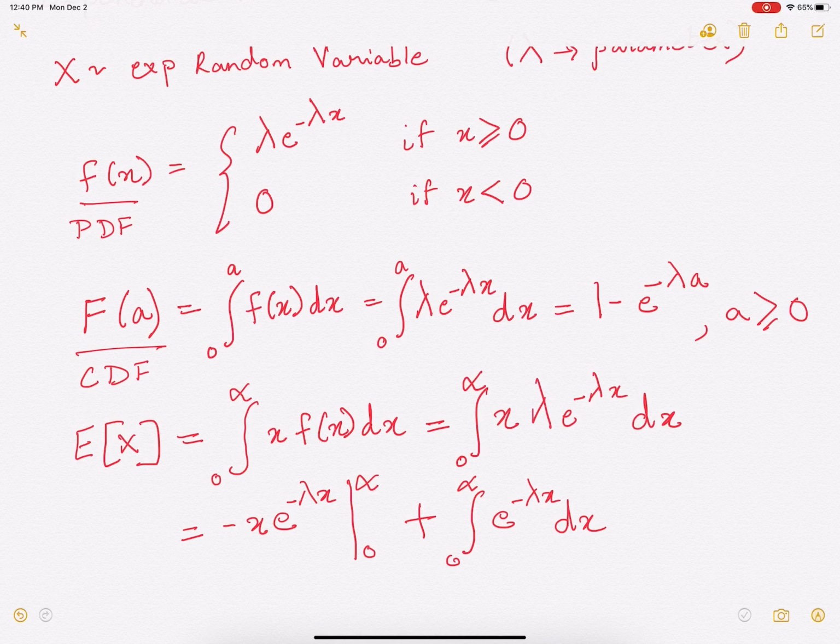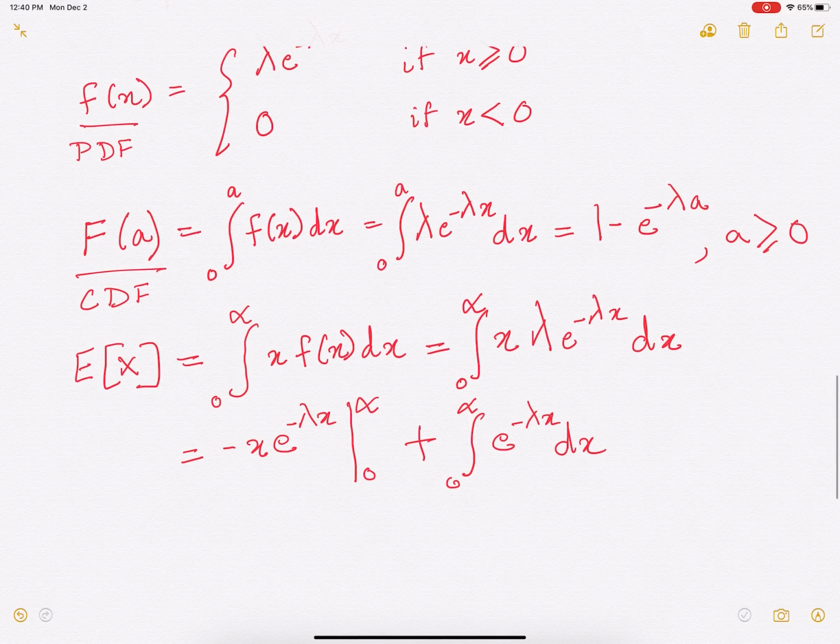Now, the first part is going to evaluate to 0, because you can substitute the values 0 and infinity and you'll get 0 there. And the second part is going to evaluate to minus e to the power minus lambda x divided by lambda, with the values put between 0 and infinity.